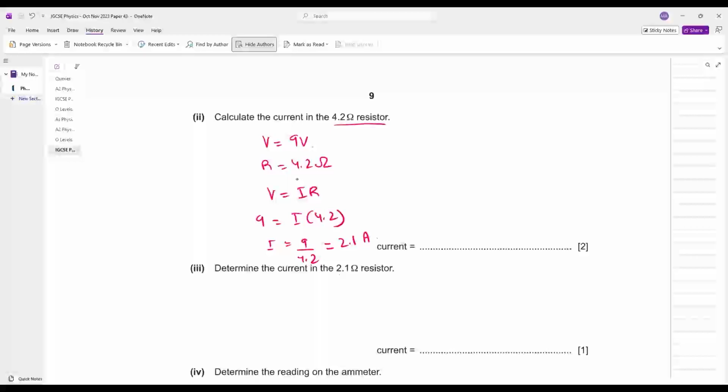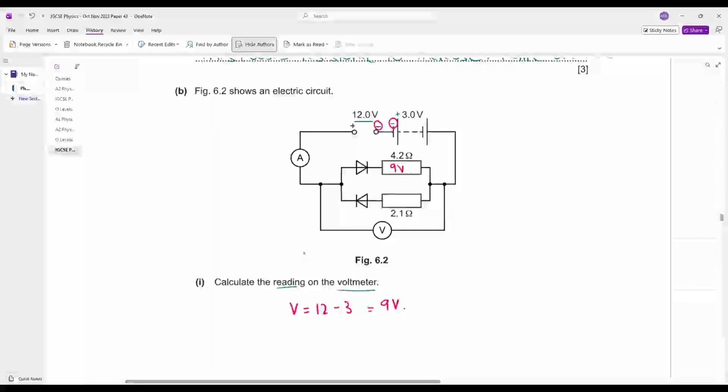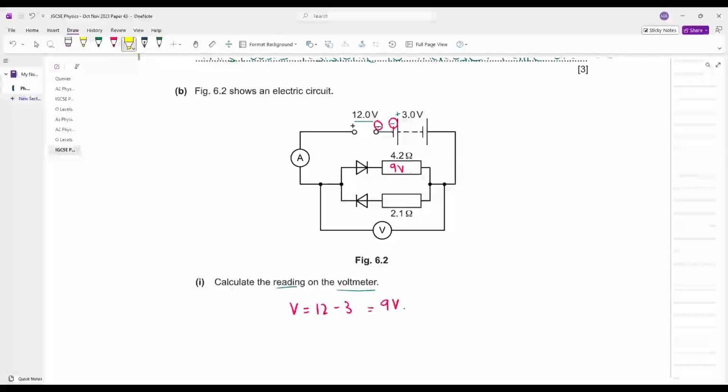You have to calculate the current in the 2.1 ohm resistor. What will be the current in this resistor? Now I want you to analyze something. Can you realize this is the positive terminal of the battery? This positive terminal of the battery is connected with what?